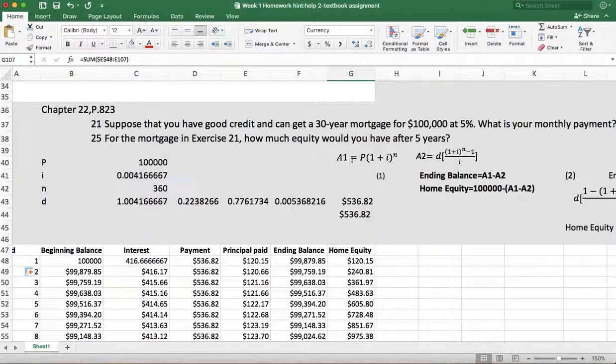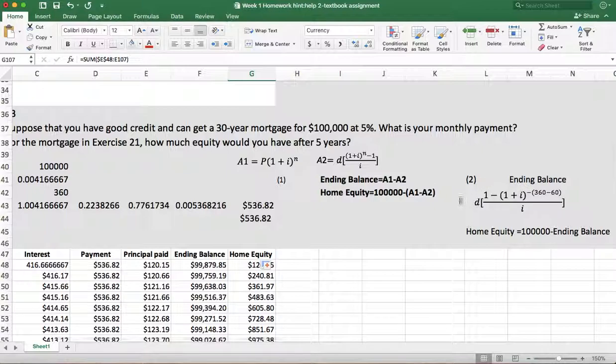So this formula calculates the future value of your loan without any payment. This formula calculates your monthly payment. So the ending balance is A1 minus A2. So the home equity is the loan minus this amount.